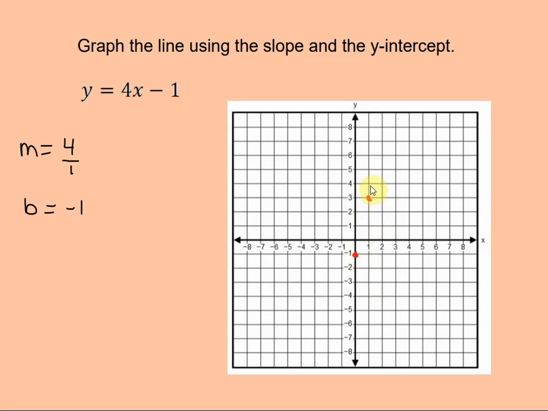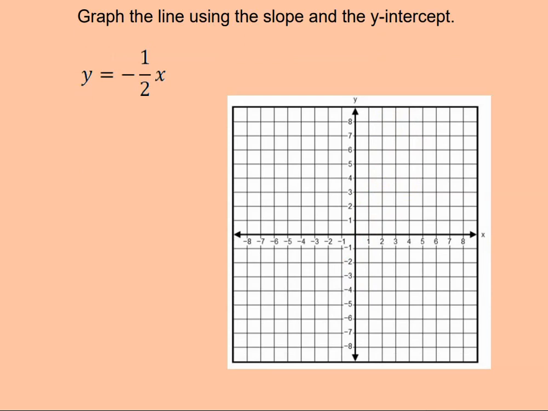Like I said, I can do it as many times as I want to. I'm going to do it one more time. I'm going to rise 1, 2, 3, 4, and run 1. And then I connect my points. And remember that we need to put arrows at the ends of our lines. And there is our line.